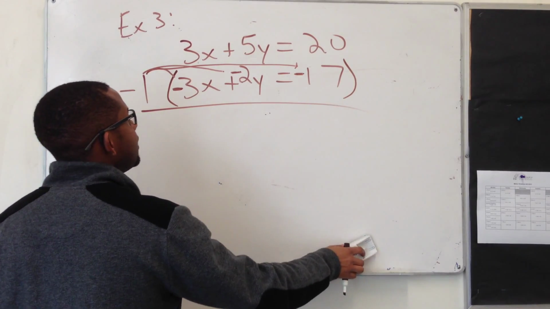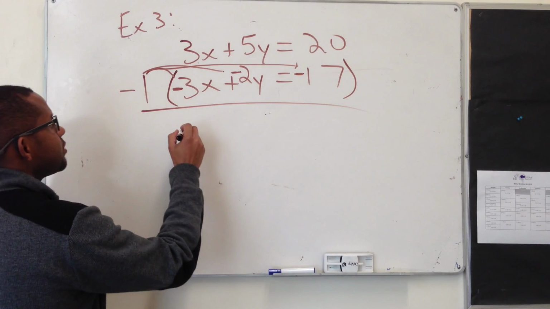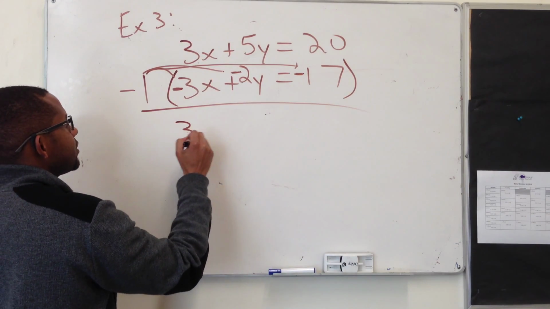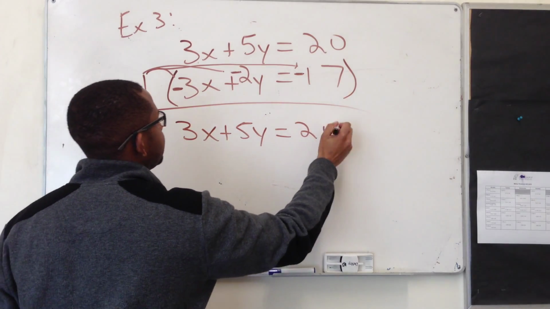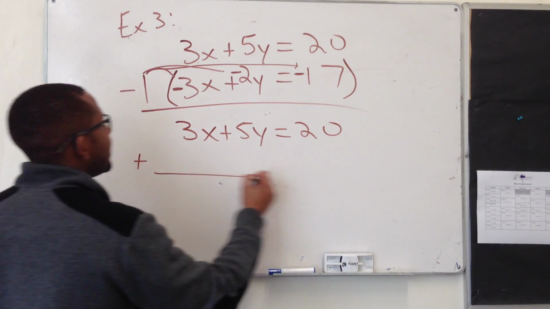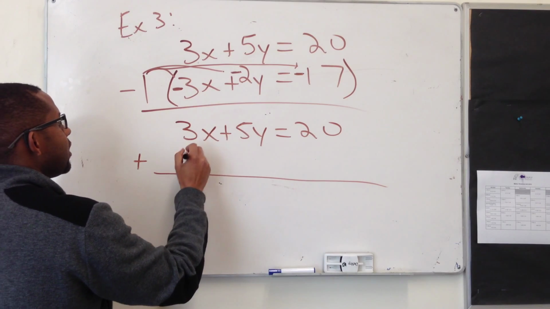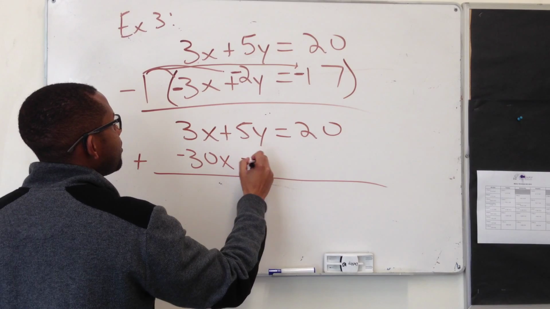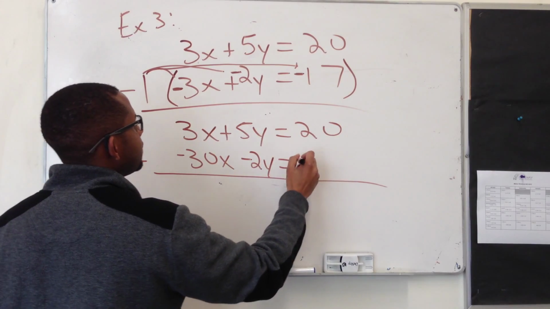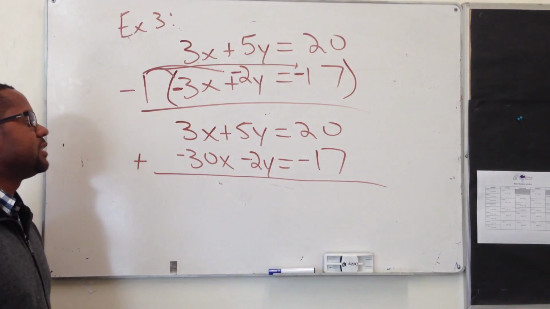Alright? So I just changed the equation. So now, I still have my same first equation, 3x plus 5y equals 20. But my second equation is now -3x minus 2y equals -17.